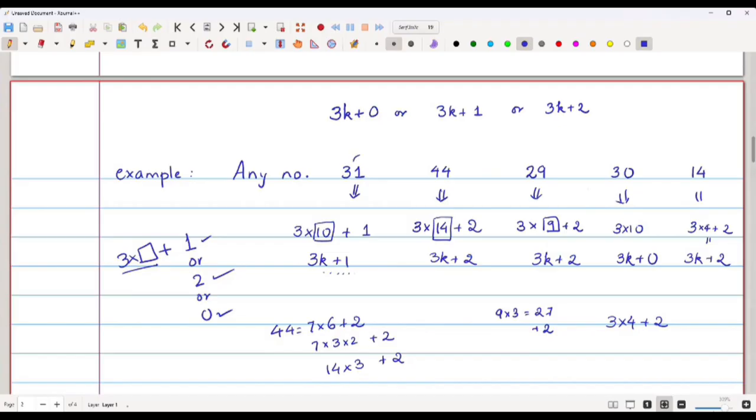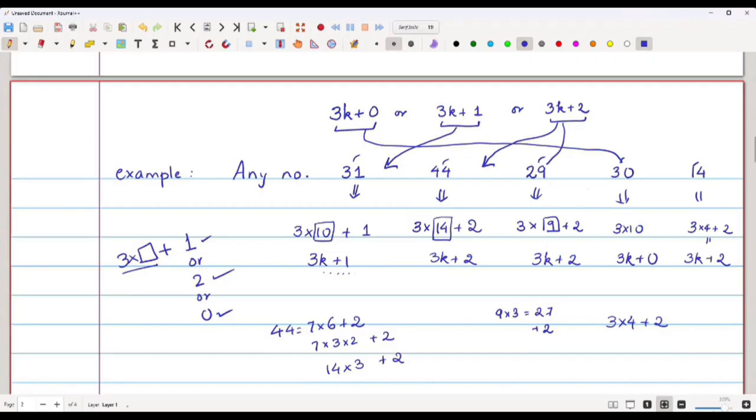Okay, I have taken 5 examples for you, and in every case it is either of this type, or this type, or this type. 30 was of the type 3k plus 0. 31 was of the type 3k plus 1. 44 was of the type 3k plus 2.